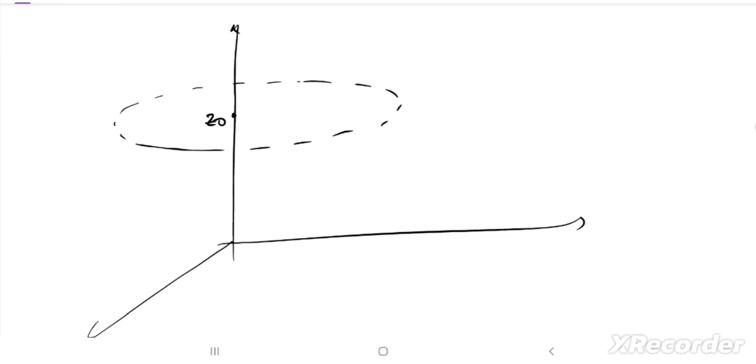So here my particle is at some omega t again, and this coordinate is r cos omega t j cap plus r sin omega t k cap minus i cap. Sorry.